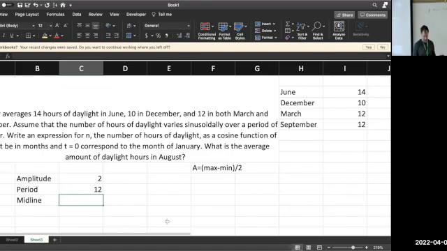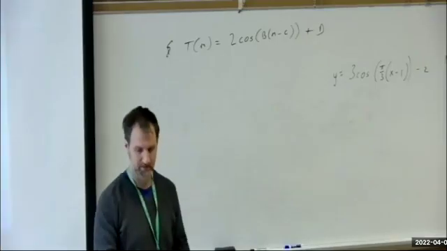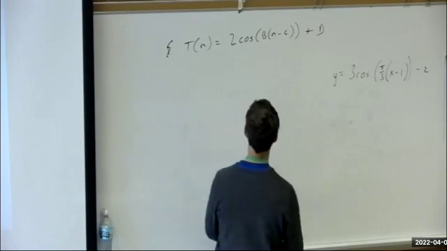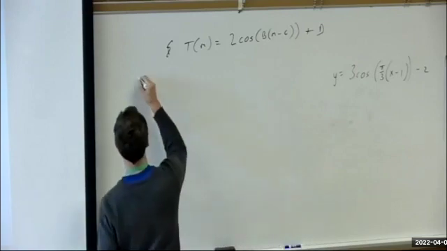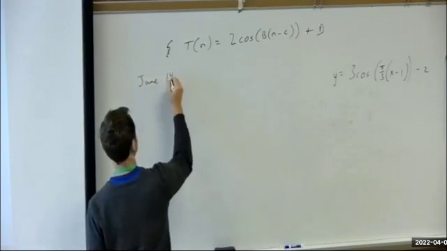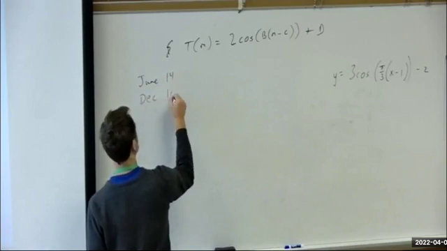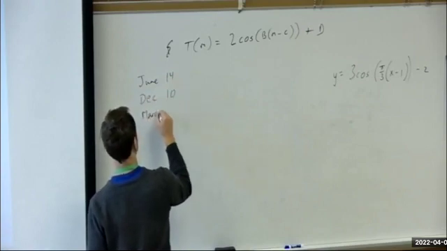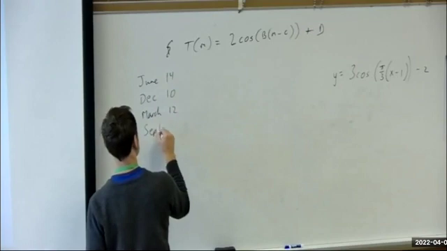Okay, I'm going to stop the share here. I've got our function started. I'm going to write down, June was 14, December was 10, and then March and September were 12.